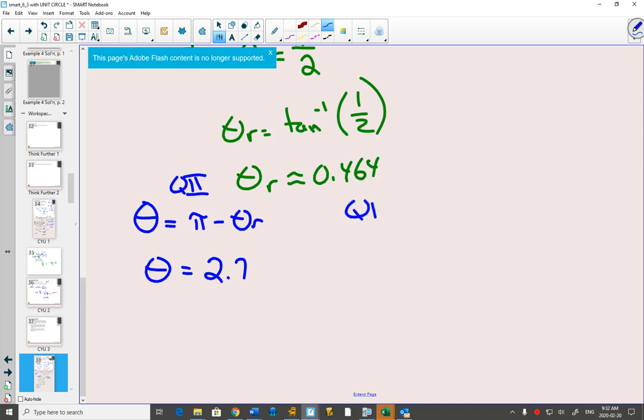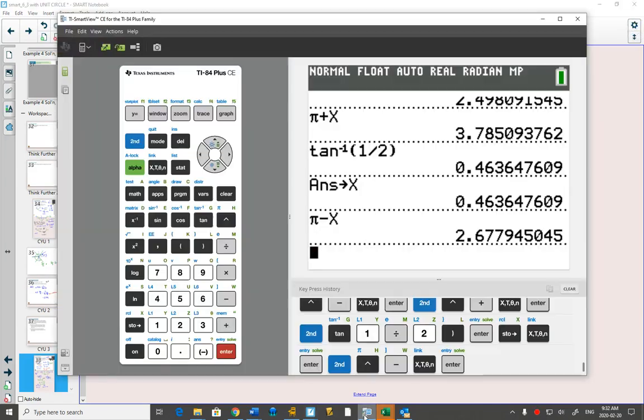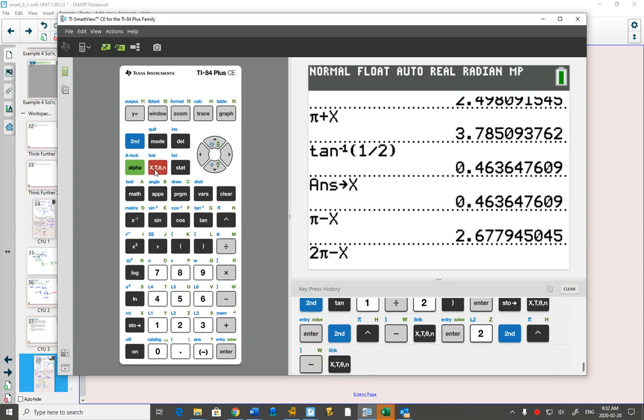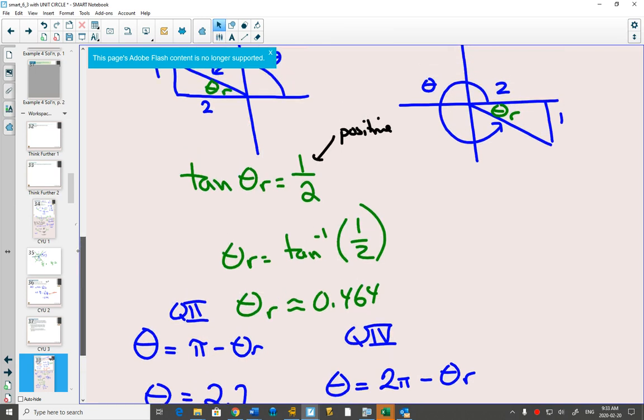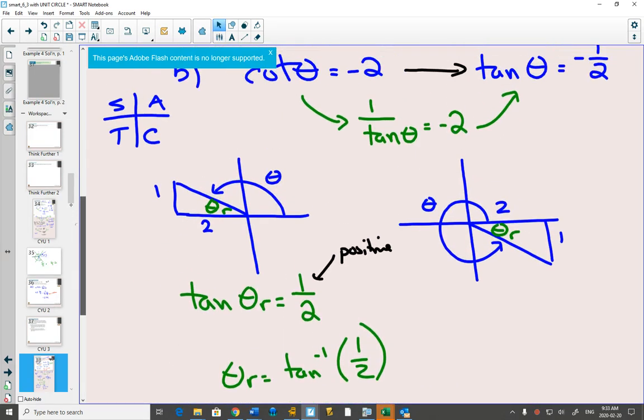In quadrant 4, I would do 360 minus my reference angle if I was in degrees. So in radians, I'll do 2 pi minus my reference angle. That gives 5.8. Those are my answers from 0 to 2 pi.